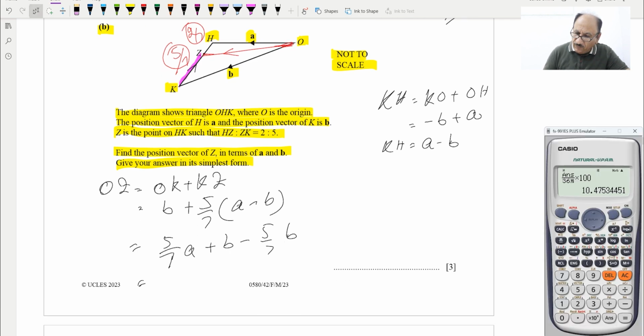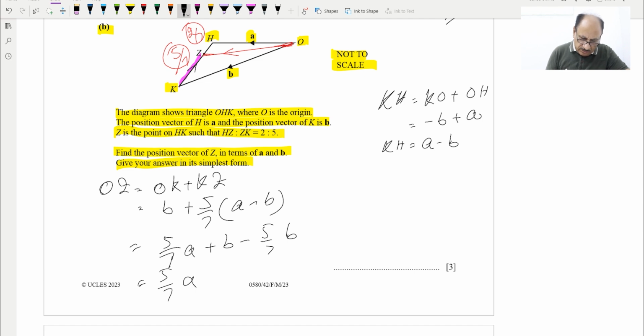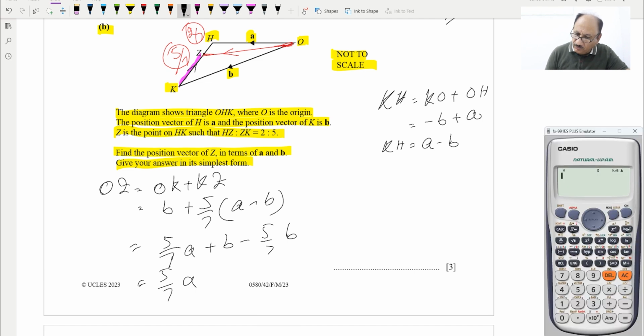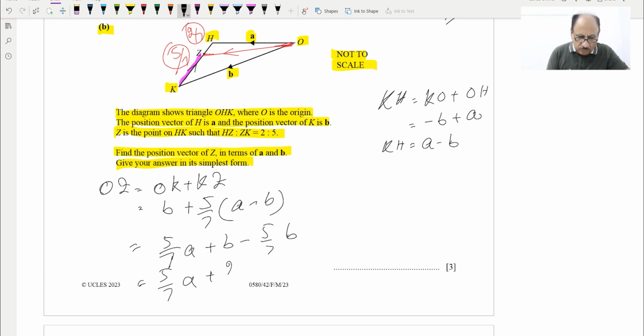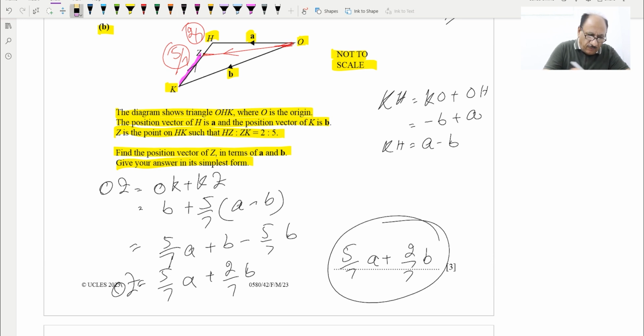This will be 5 by 7 a, and for b, 1 minus 5 over 7 will be equal to 2 by 7. So we can write plus 2 by 7 b. This will be OZ, and our answer is 5 by 7 a plus 2 by 7 b. This will be our final answer for this part, which is for 3 marks.